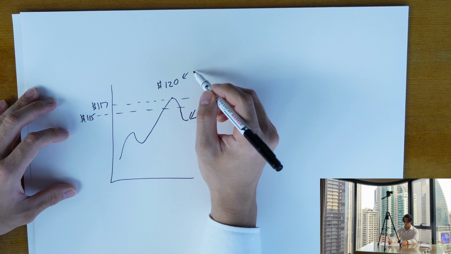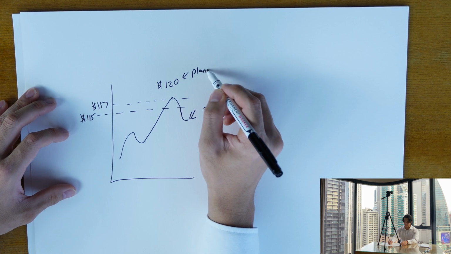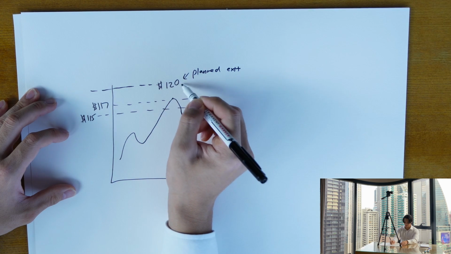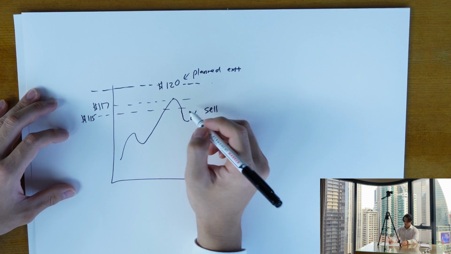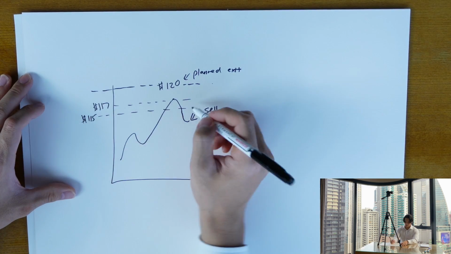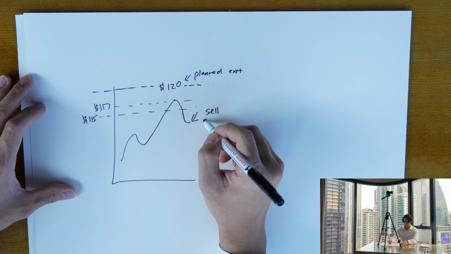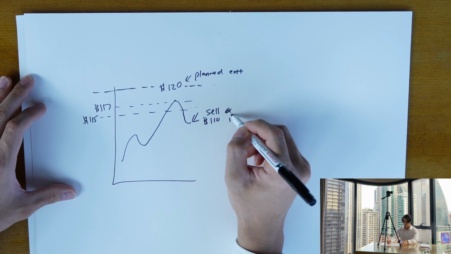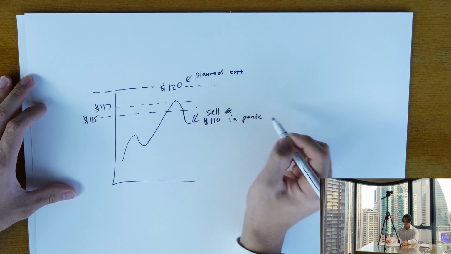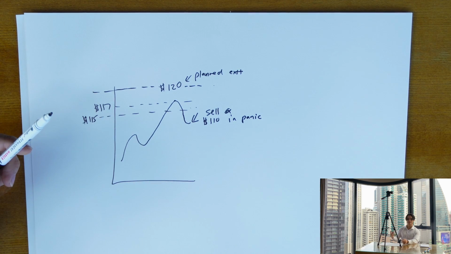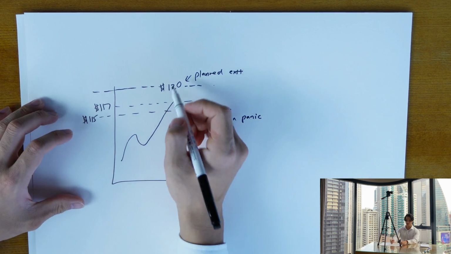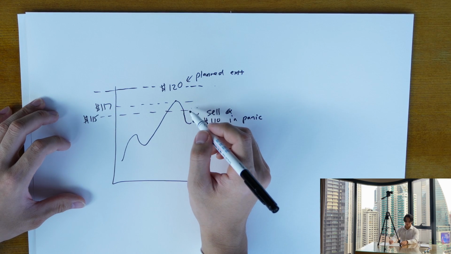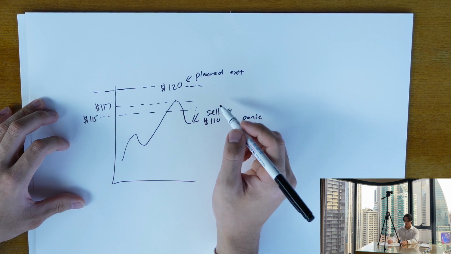This is your planned exit, right? If you don't take partial profits here, you might end up selling at like 110 in panic, out of fear that you missed your exit, right?